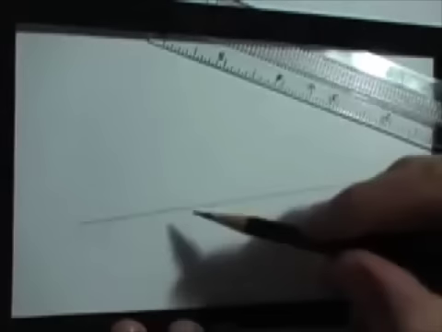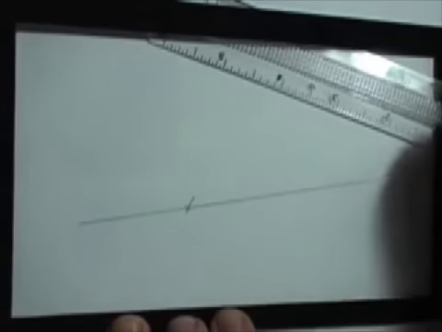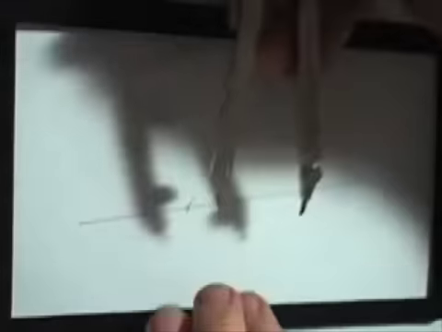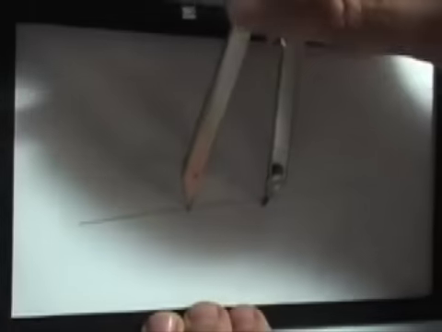This next construction, making a 60-degree angle, is one of the simplest ones we can do. Again, we'll start with a straight line. Nominate a point at which we want to make the 60-degree angle. Simply grab our compass and we draw a large semicircular arc around the outside.